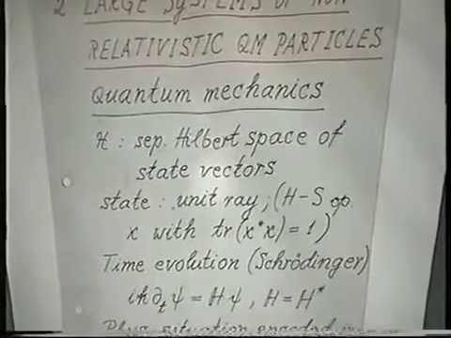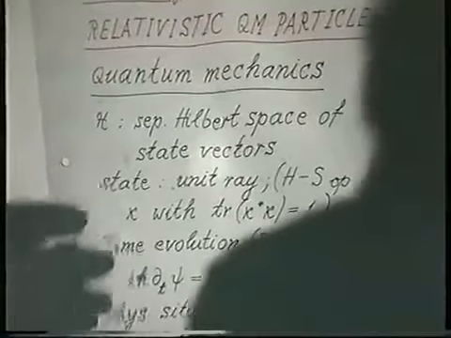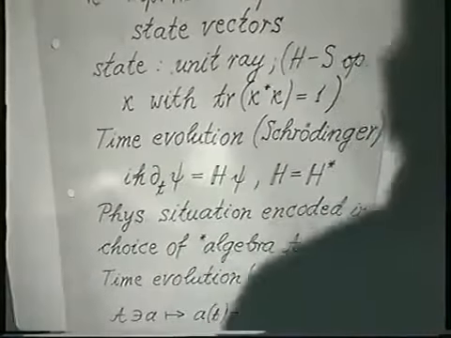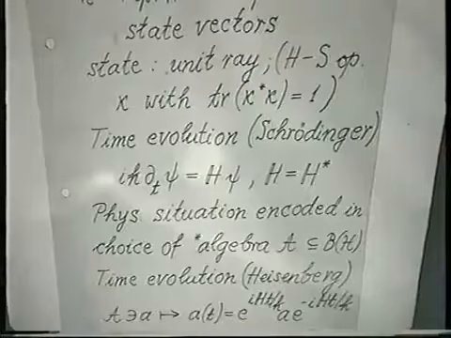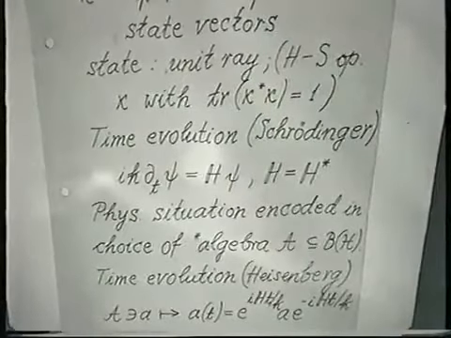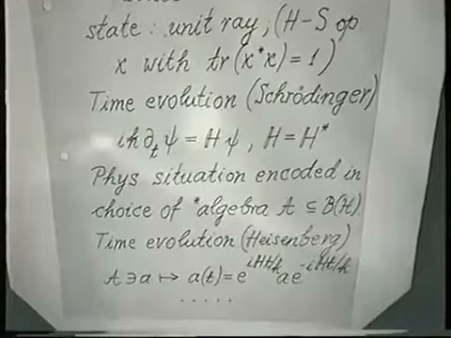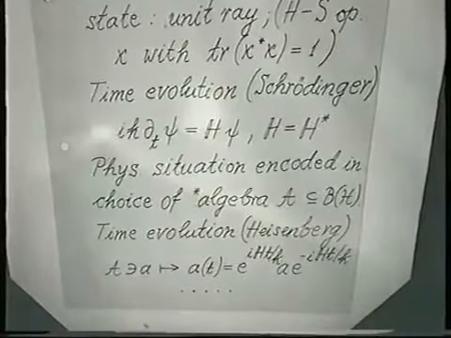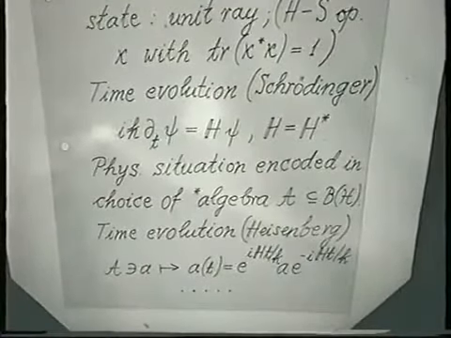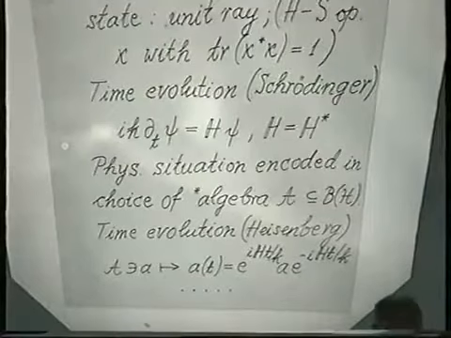The time evolution of such a state is described by Schrödinger's equation, i h-bar d/dt psi equals H psi, where H is the Hamilton operator. It is supposed to be a self-adjoint operator. This is totally abstract. There is no meaning to this.